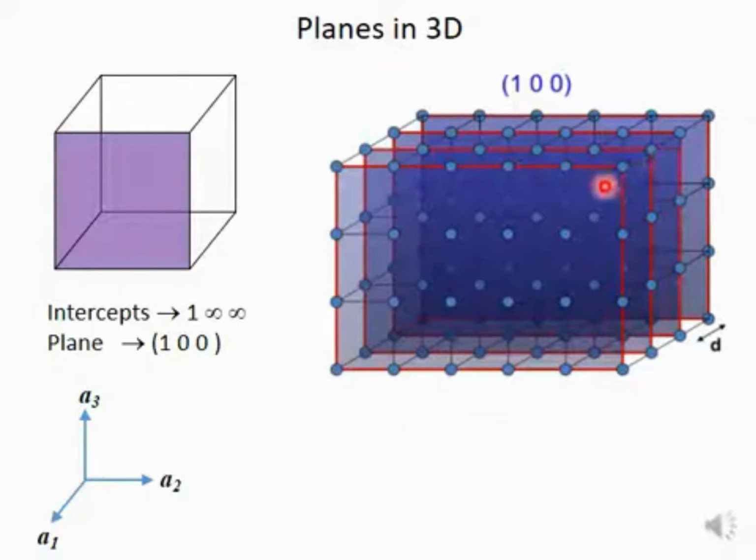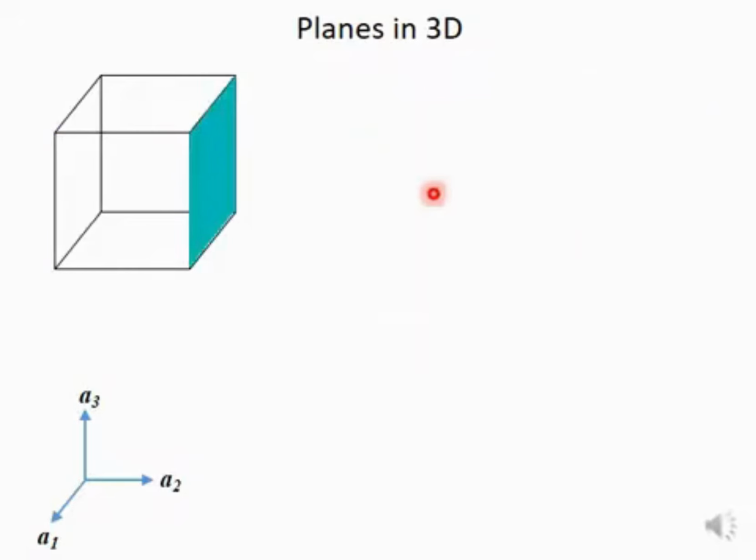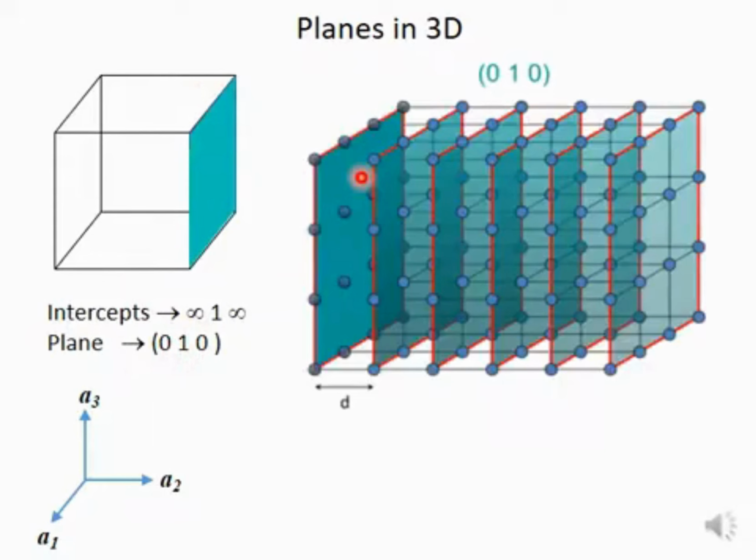Planes. This plane does not intercept the first axis, but it cuts the second axis at a distance of 1, and it runs parallel along the third axis.